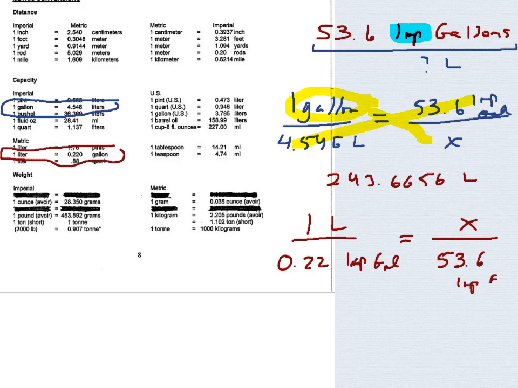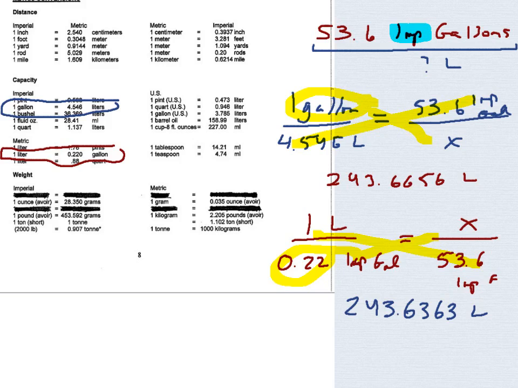Now you're going to cross multiply and do 1 times 53.6, which of course is just 53.6, and then divide by the number across from the x, which is 0.22. So mathematically speaking, 53.6 divided by 0.22 is going to give you an answer of 243.6363 liters. So depending on how you're going to round, you may have a little bit of variety in your answer.